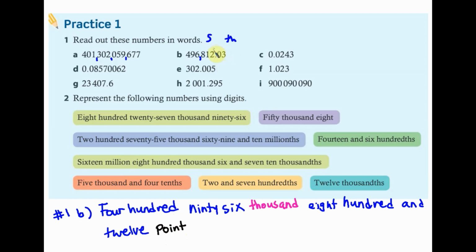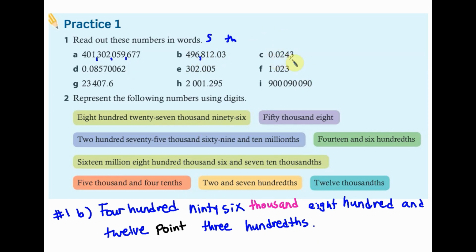Ones was right here, the 2. However, since you don't have 10th digit, now this will be 300 with the TH. And that's how you are going to read this part B. 496,812.300.